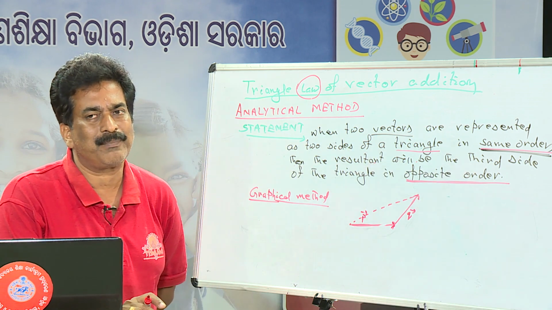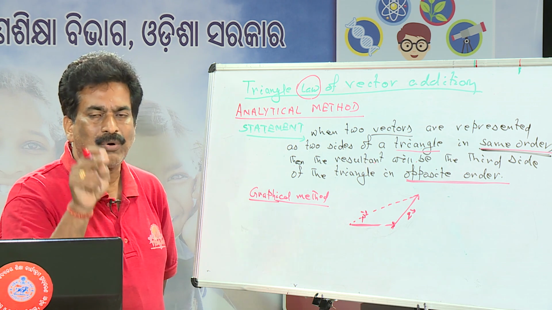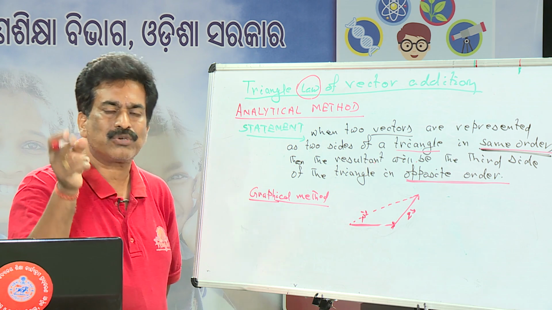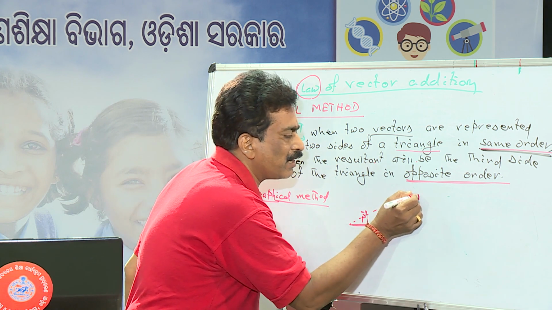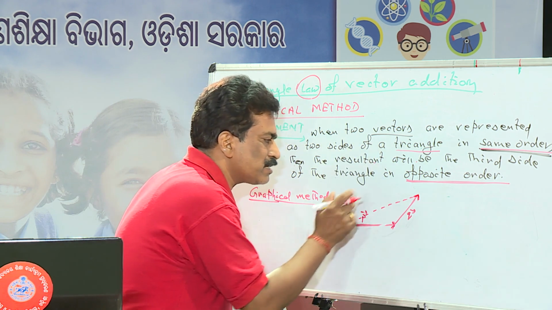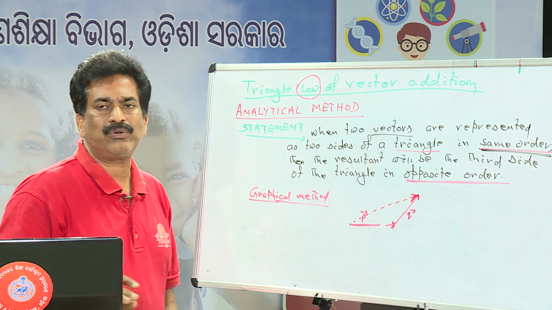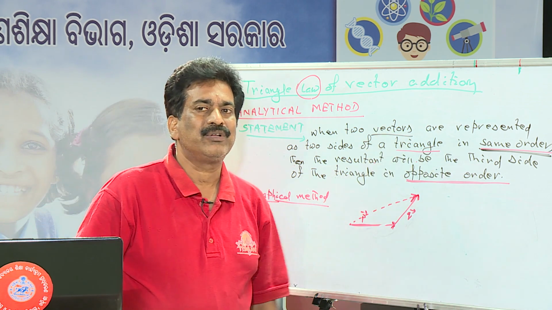What I said earlier, opposite order means where the vector terminates, or where the vector started, if the next one also terminates at the terminated point, meaning the second vector completes here, the resultant will also complete there. That will be the opposite order. Sir, if it is in the same order, what will happen?